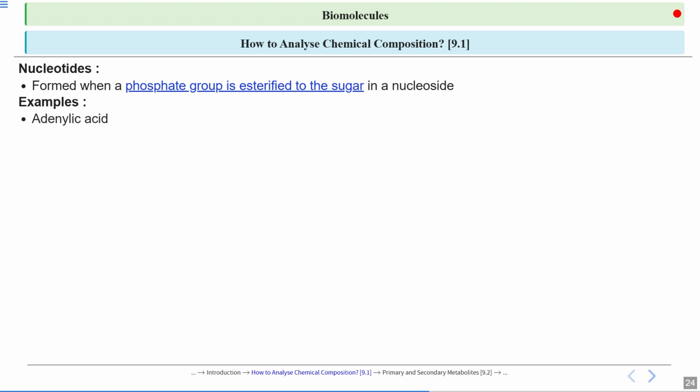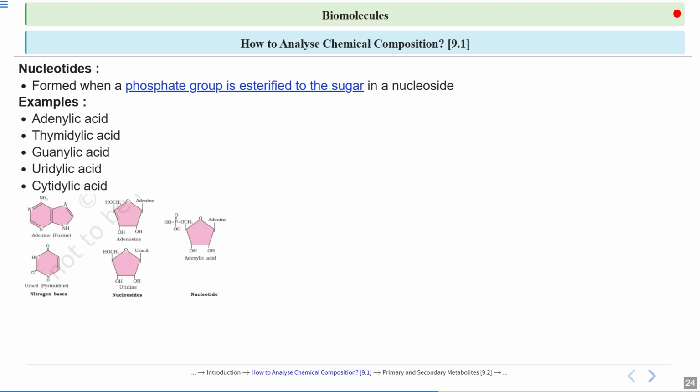Examples: adenylic acid, thymidylic acid, guanylic acid, uridylic acid, cytidylic acid. These are all nucleotides. Clear?